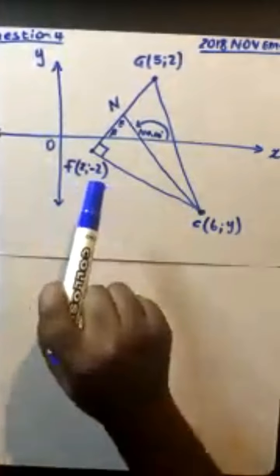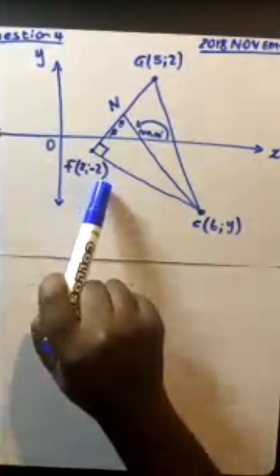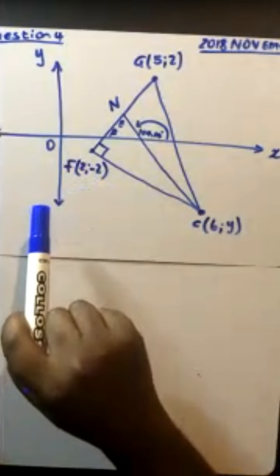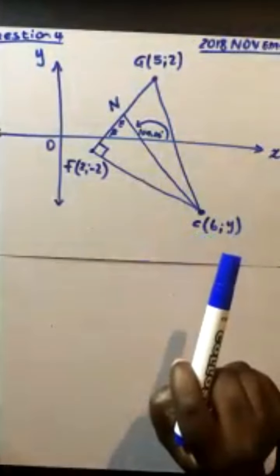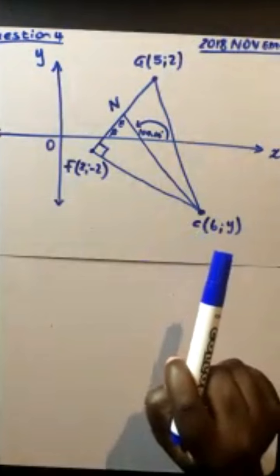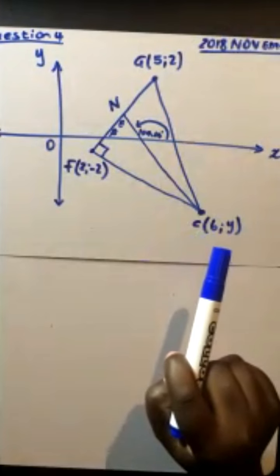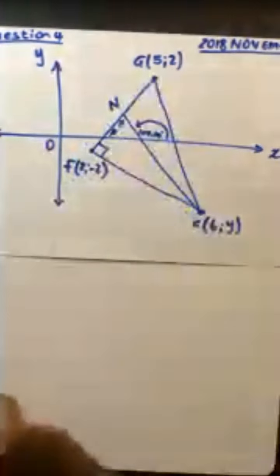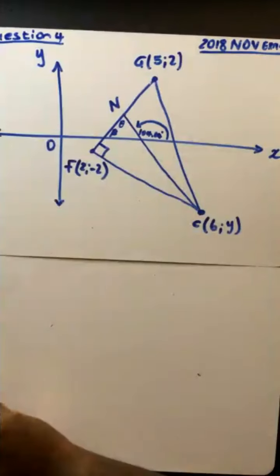What are the coordinates? The coordinates are the x and y values. So that means the coordinates of point F is 2 and -2. And again, we've got G, which is 5 and 2. G is that point over there. We've got C, which is that point over there, which is 6 and Y. So they say these are the vertices of triangle FGC. So FGC is a triangle with those points, with those coordinates.